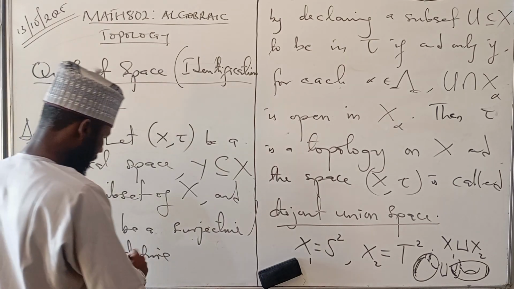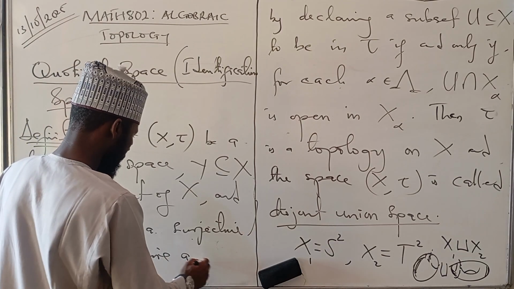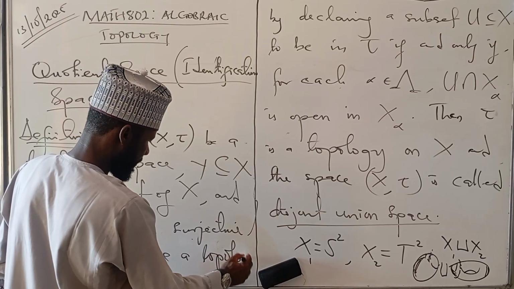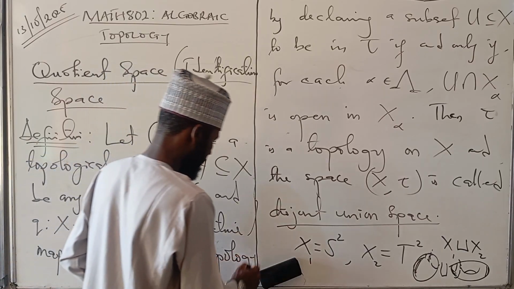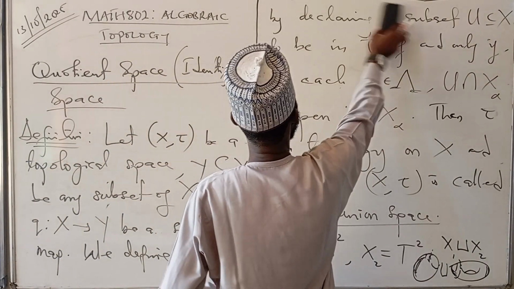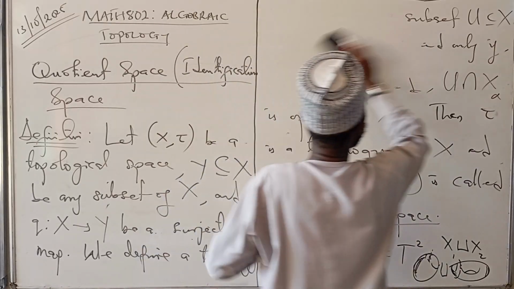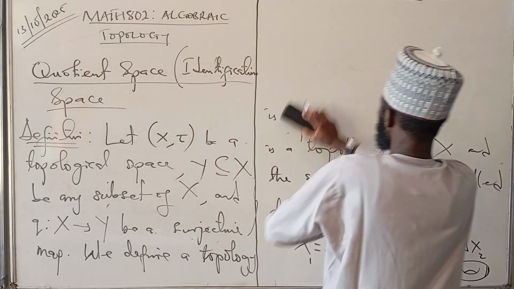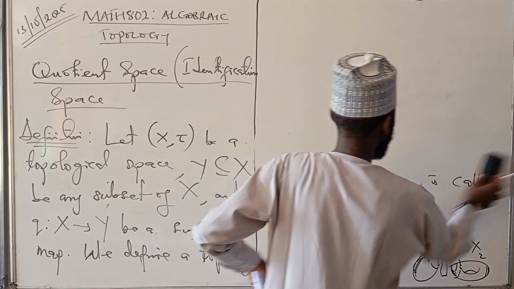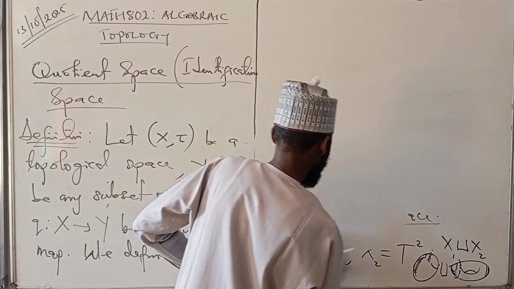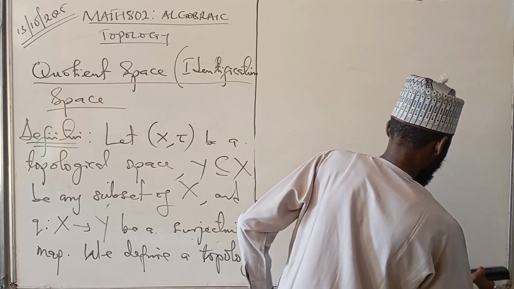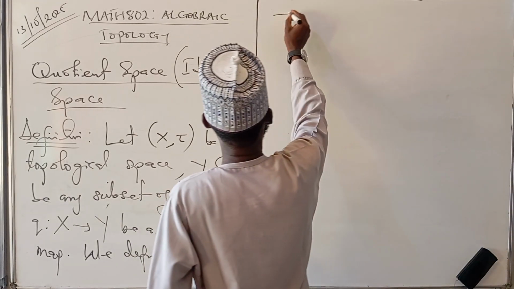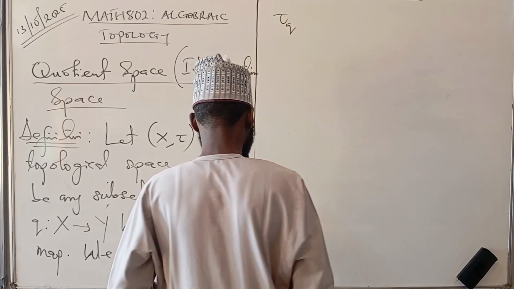So we define a topology, I can call it tau Q.